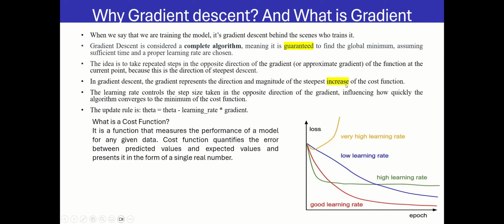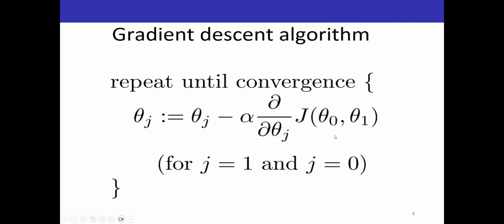The steepest increase is the gradient. In mathematical terms, alpha is the learning rate, J is the Jacobian, which depends on the actual and goal, that is the y and x. Theta 0, theta 1 are the parameters, so it depends on the parameters.